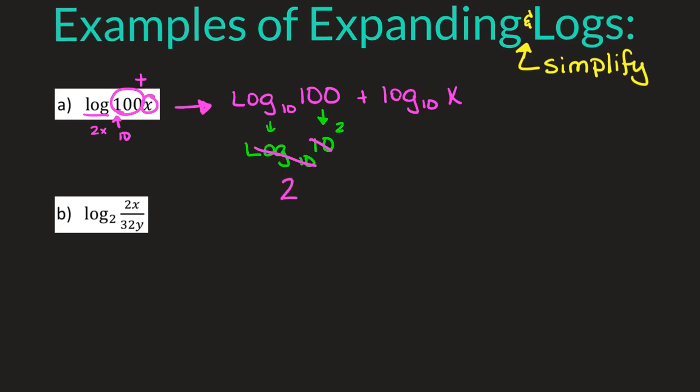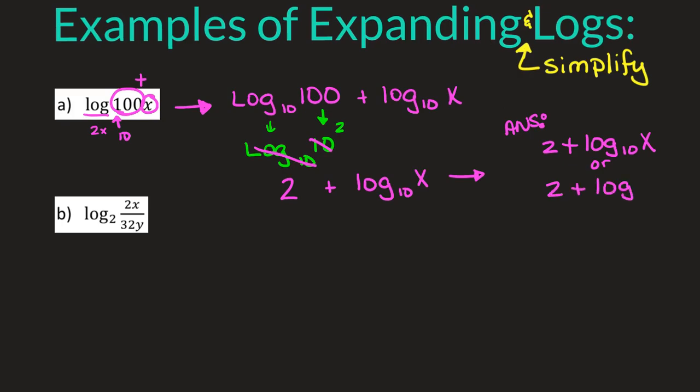So 2 would be the simplified version of that plus log base 10 of x. You could write your answer 2 different ways. I would accept either 2 plus log base 10 of x or 2 plus log of x. Either one would be great.